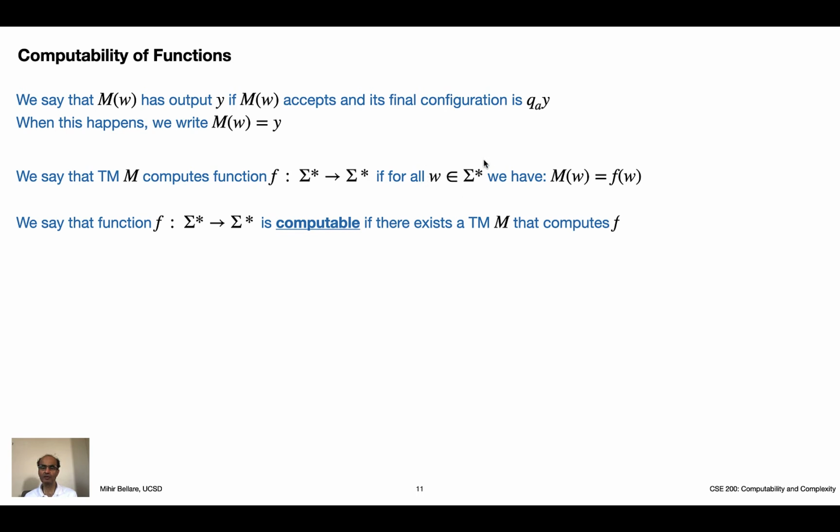This has to be true for all inputs in the set of strings over that alphabet. Again, you go to a somewhat higher level by saying if you give me a function, maybe it's computable, maybe it isn't. If I want to show it's computable, it's my job to exhibit a machine M that has this property.